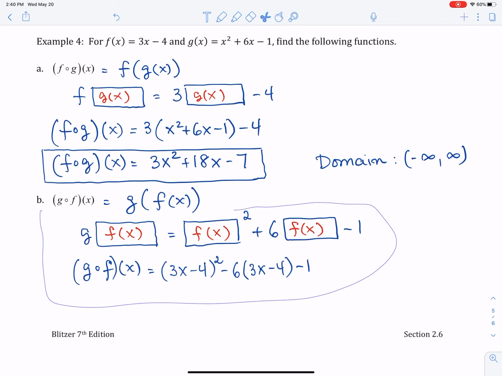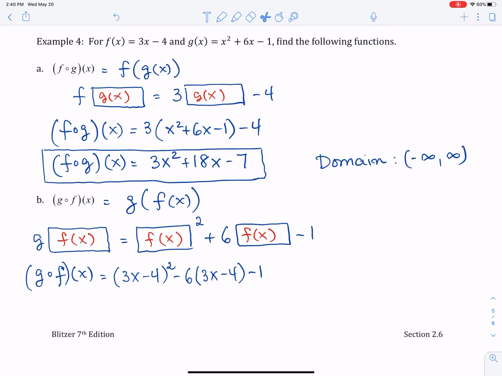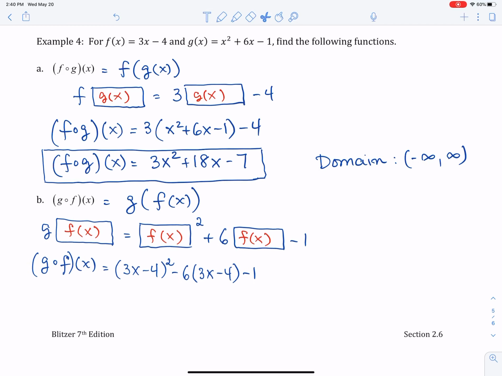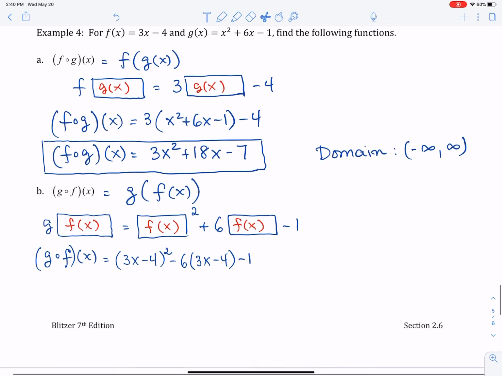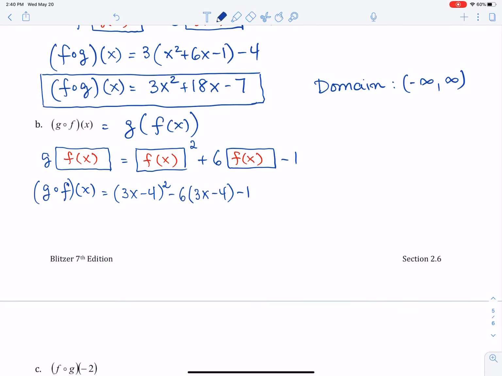I'm going to squeeze that a little bit to be able to calculate g of f of x. Now (3x minus 4) squared is 3x minus 4 times 3x minus 4.